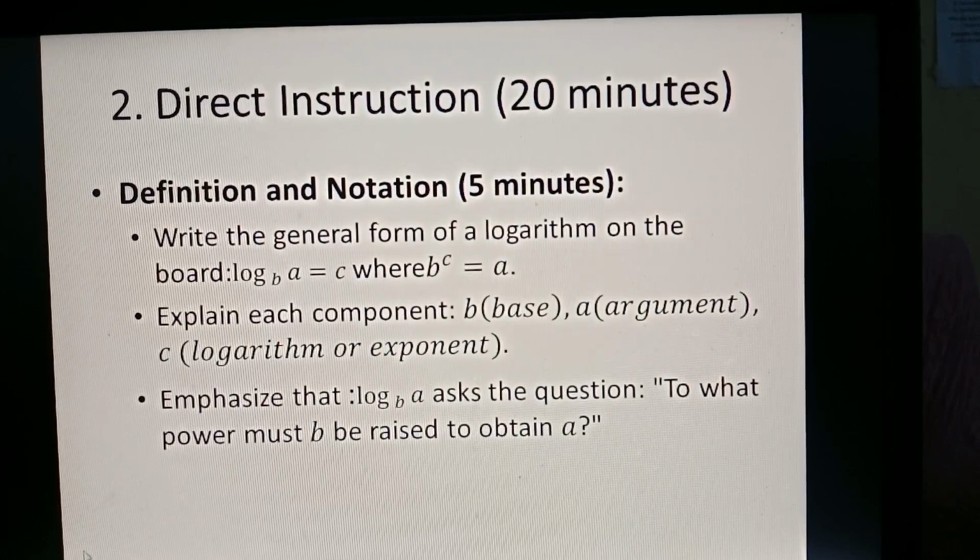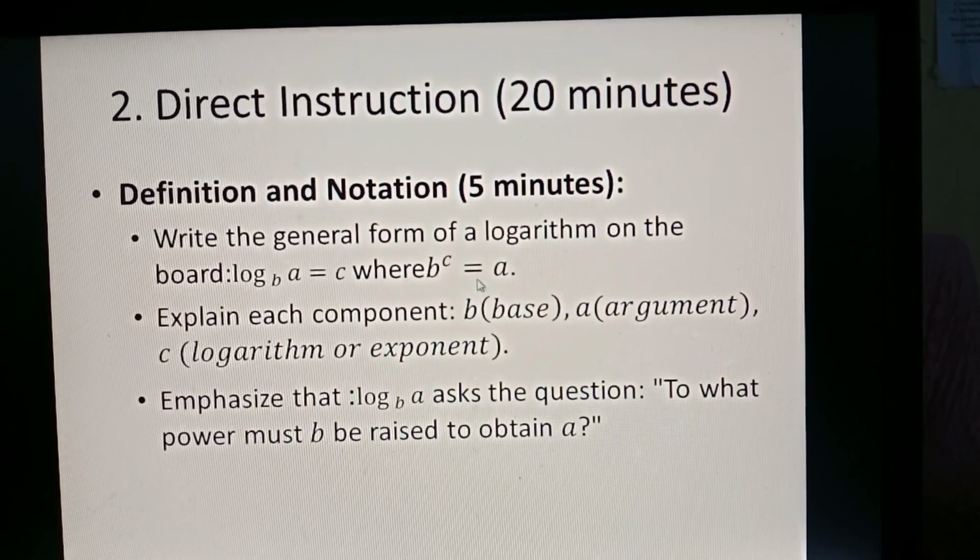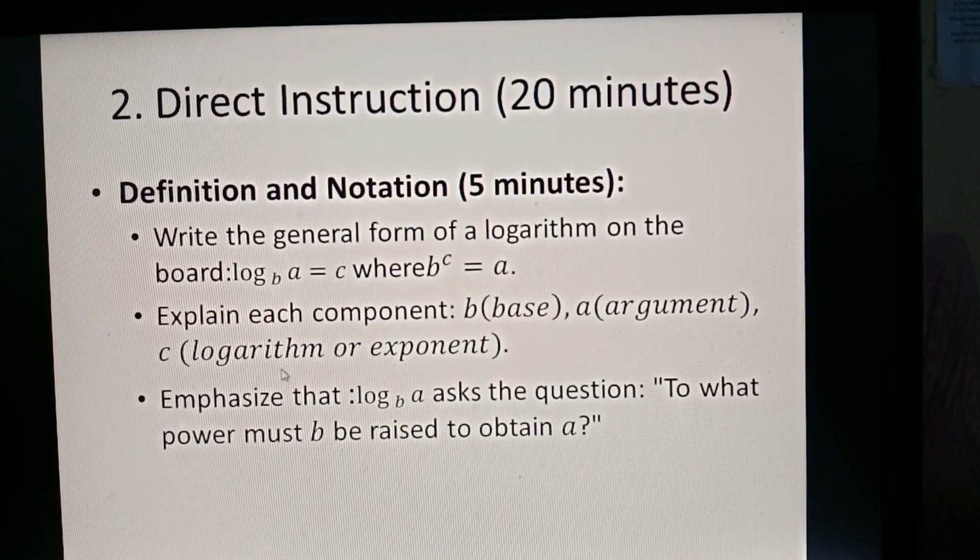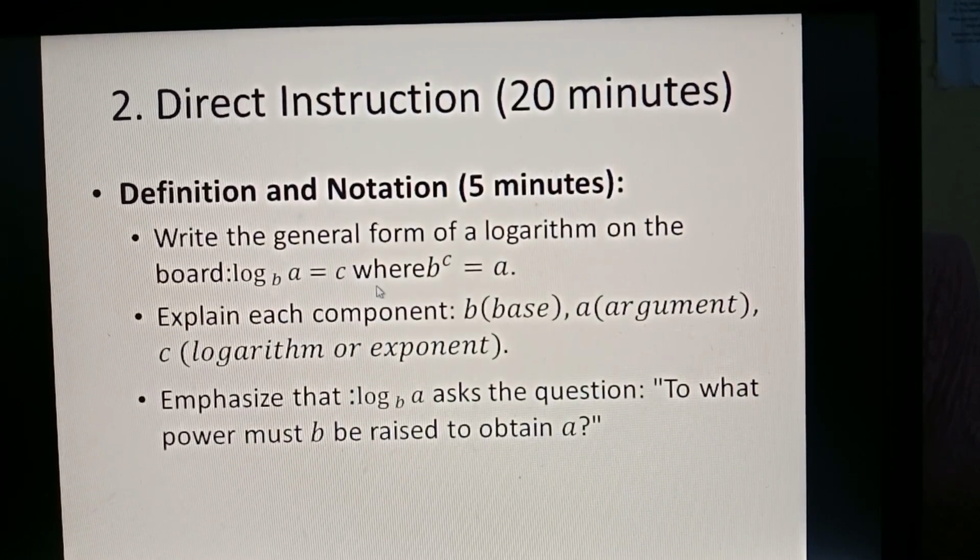Direct instruction takes 20 minutes, where you have the definition and the notation, which will take 5 minutes. Write the general form of a logarithm on the board. There it is. The logarithm of a to base b equals c, where b raised to c equals a.